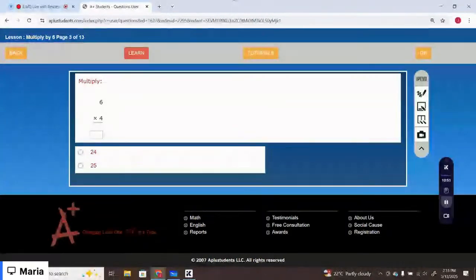Six times 4 is 24. Option number 1 is the correct option. 7 times 6, which is the correct option. Seven times 6 is 42. Option number 1 is the correct option.